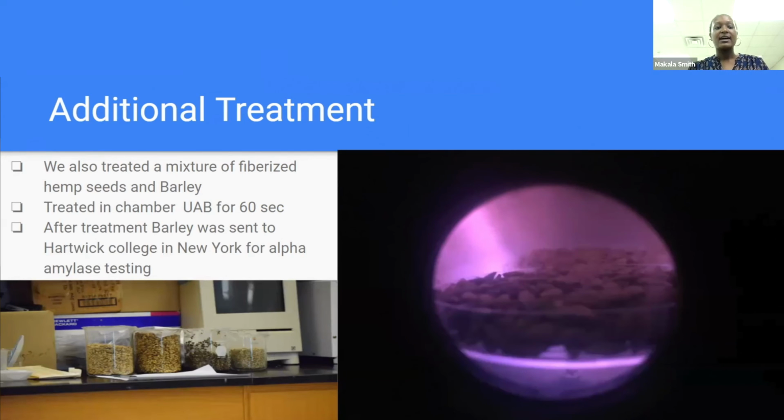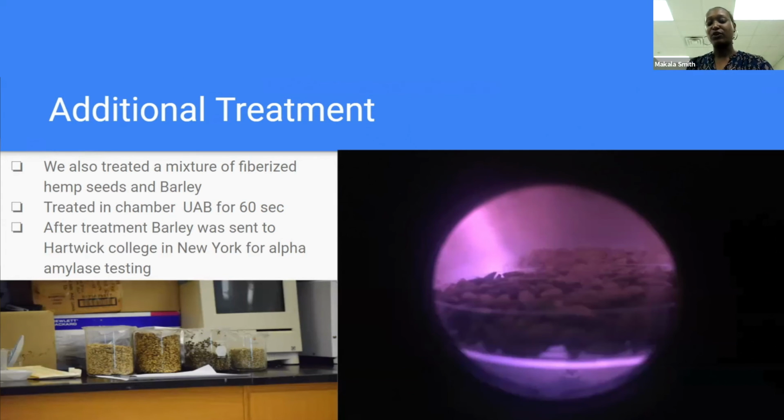Okay. So besides treating our seeds at UAB, this is a side project, we also treated barley and a mixture of fiberized seeds. They were treated in the chamber for only about 60 seconds. The barley was sent to Harvard College in New York for alpha amylase treatment.